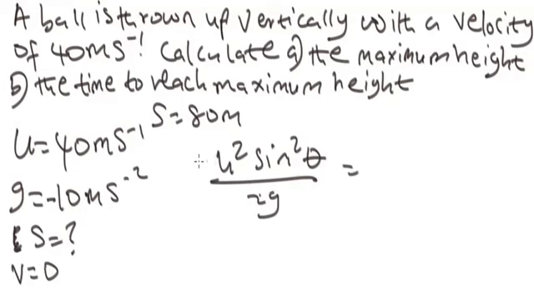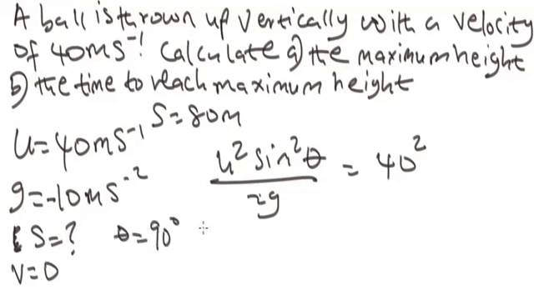So our u is 40, that's 40 squared. Sine squared means sine theta times sine theta. Now our theta will be 90 degrees.